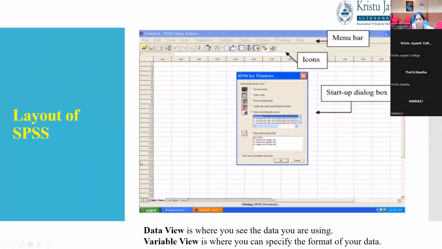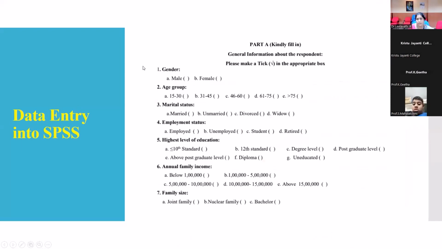Now whatever I explained is what is there in the image. There are two types of view, data view and variable view. In data view we can see the data you are using, and in variable view you are defining what the data is all about. For a sample question, I gave this for better understanding of how to define the variables.